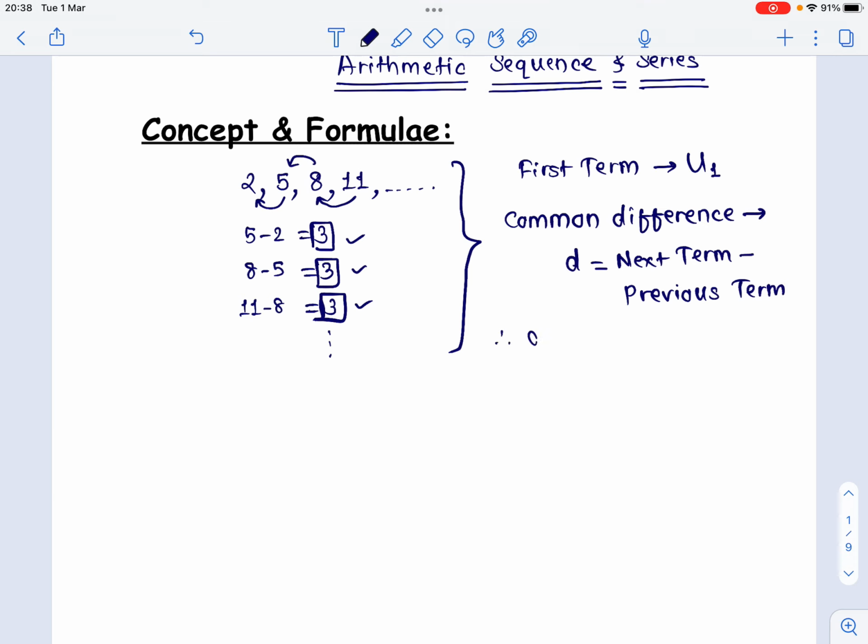So in this case, the difference is u2 minus u1, same as u3 minus u2, same as u4 minus u3, and so on. That is why this is called a common difference.